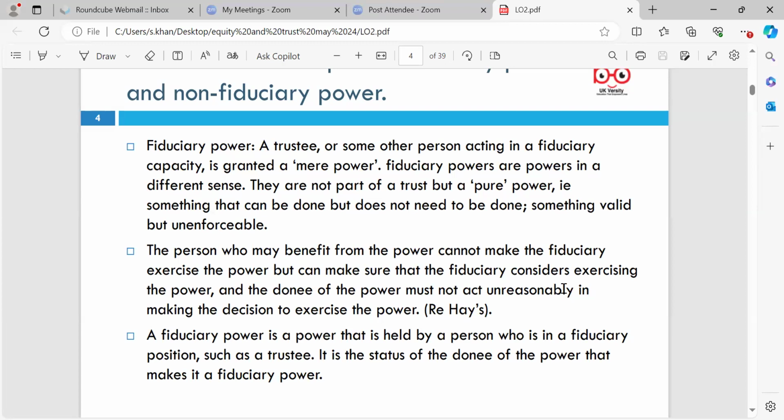A fiduciary power is the power that is held by a person who is in a fiduciary position. So who's responsible for acting in someone else's interests concerning finances or investments. The person is held accountable to adhere to strict standards of care and loyalty when dealing with these matters. Non-fiduciaries, again, operate under a relaxed standard.